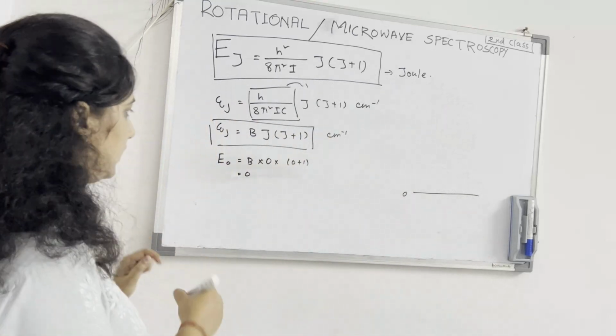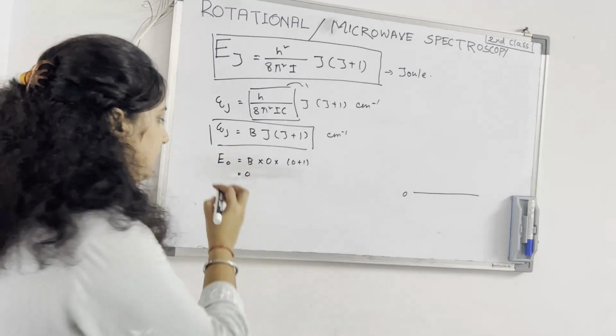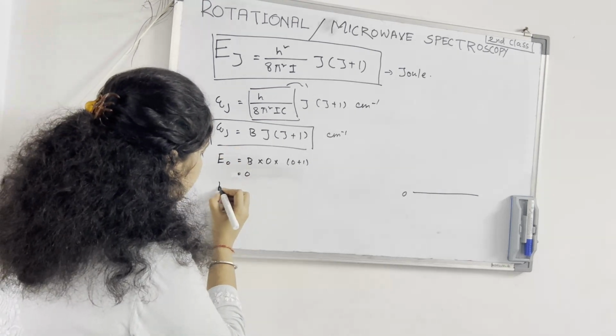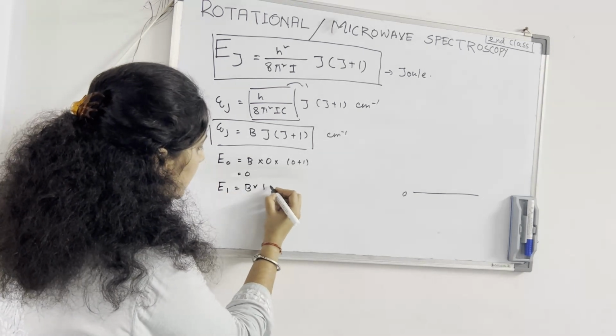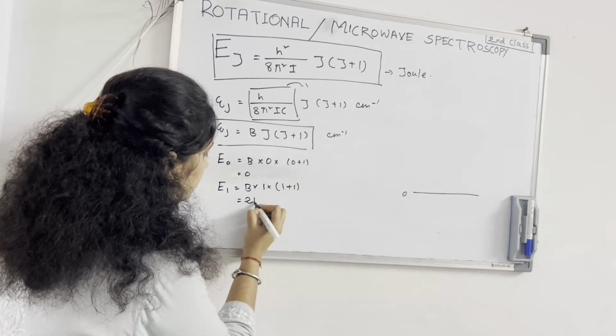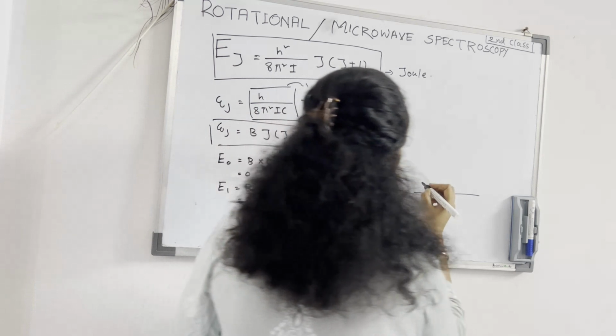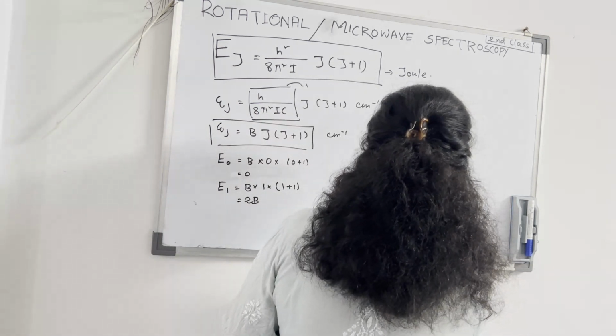Now consider when J is equal to 1. Then E1 is equal to B into 1 into 1 plus 1, that is equal to 2B. Now the first excited state is the 2B.